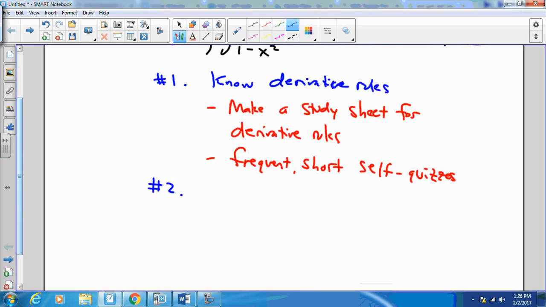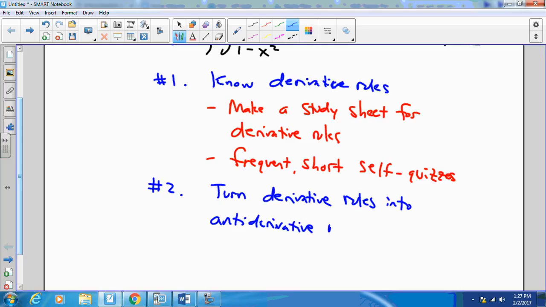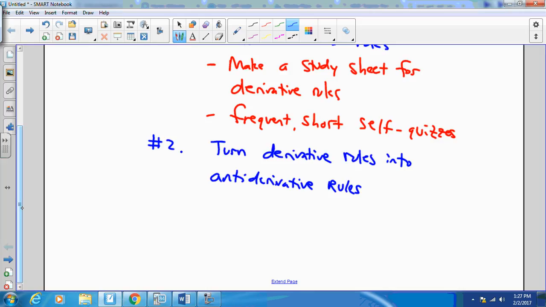The second thing is that we want to turn these derivative rules into antiderivative rules. And we're going to do some of that today. And it works like this.